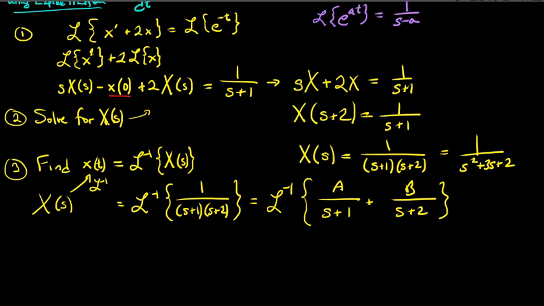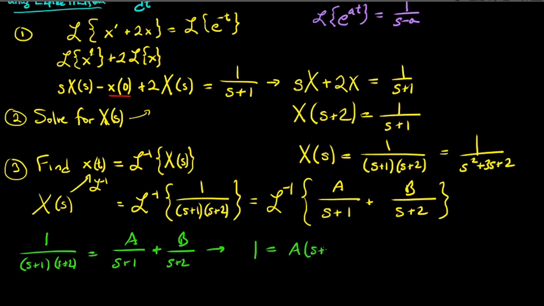I was missing the 1 over: 1 over s plus 1 times s plus 2 equals A over s plus 1 plus B over s plus 2. So when you multiply both sides by the denominator, you just get 1 is equal to A times s plus 2 plus B times s plus 1.